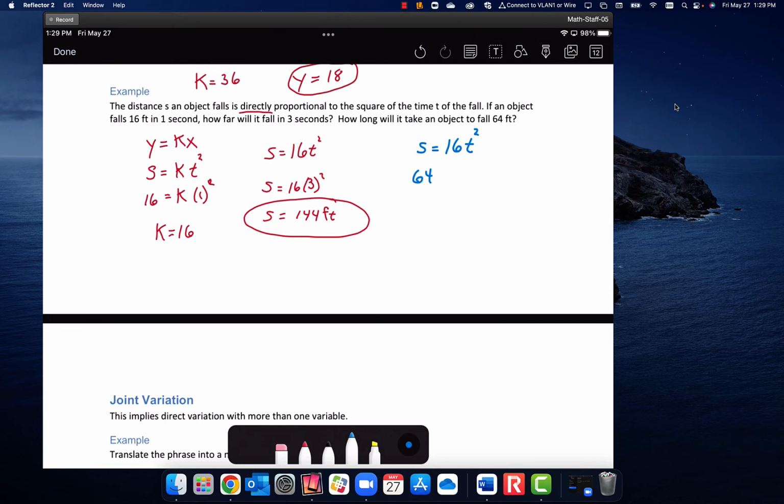So s is 64. 64 equals 16t squared. 64 divided by 16 is 4. So 4 equals t squared. Take the square root of both sides, and our time is 2. Technically plus or minus because we're taking the square root of both sides, but in this case, we just want the positive time, so 2 seconds.